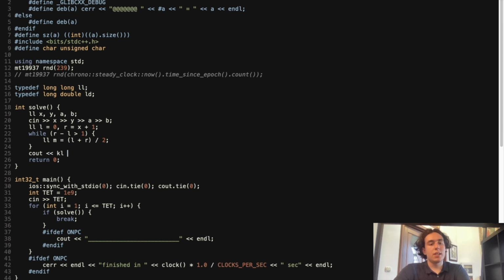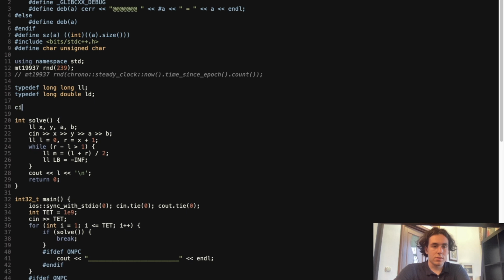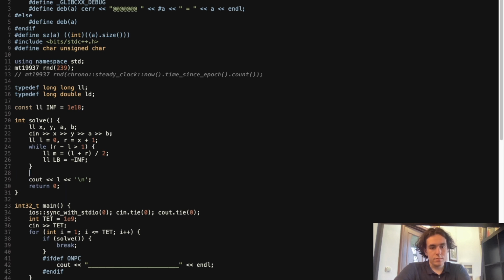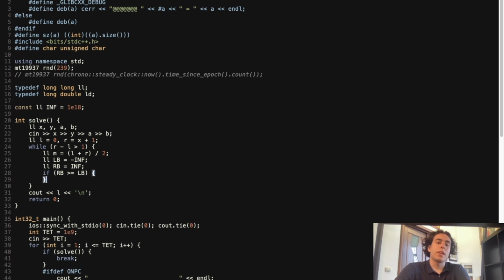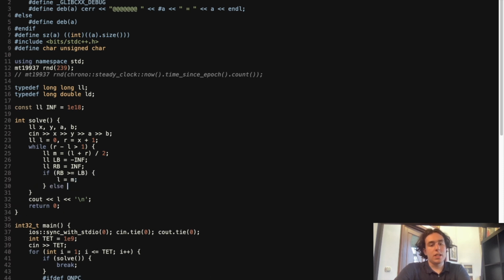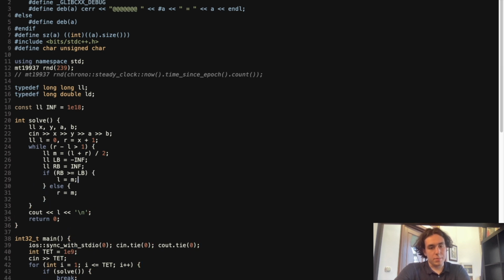We print L. Left bound is minus infinity, right bound is infinity. If the right bound is at least the left bound, then L is equal to M, otherwise R is equal to M.